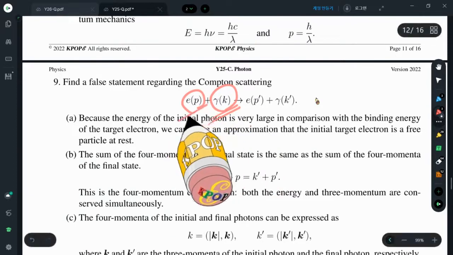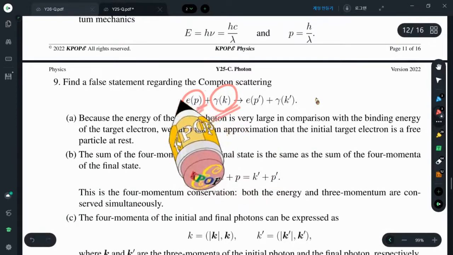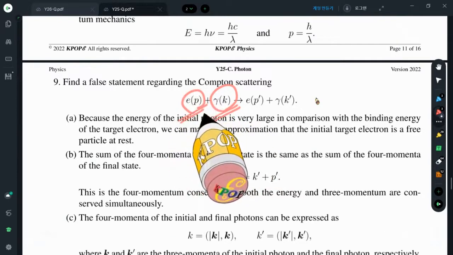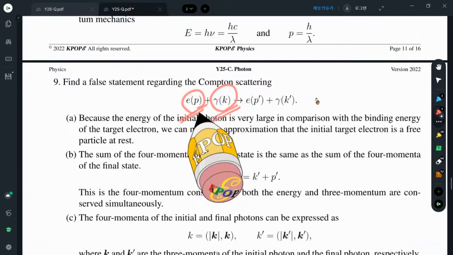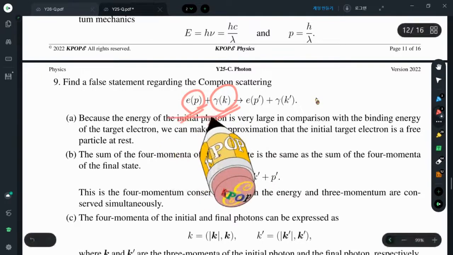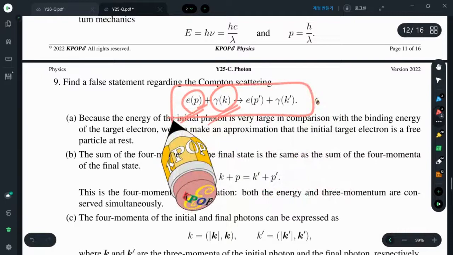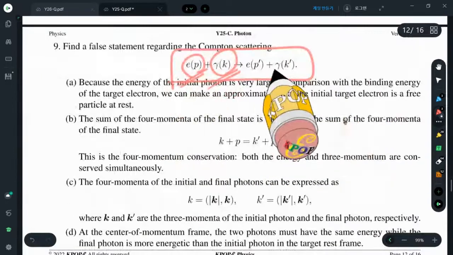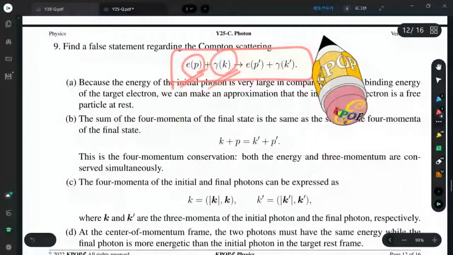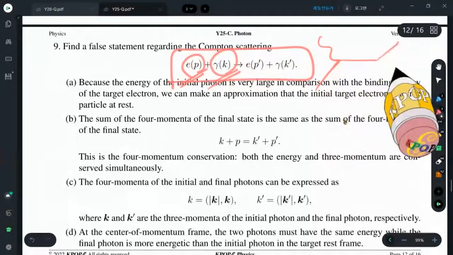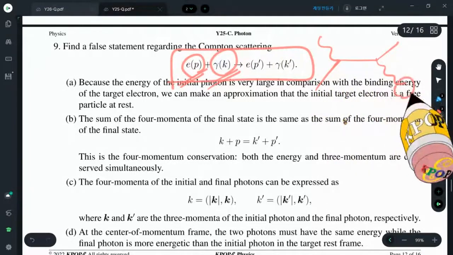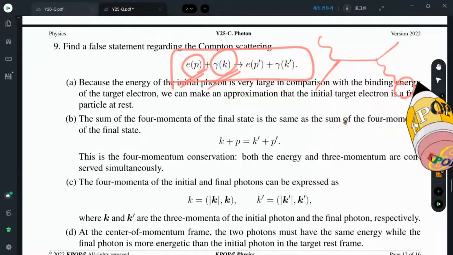So we can make the approximation that the electron attached to matter is a free particle, and he found this kind of scattering. Electron and photon meet, and a photon is emitted.